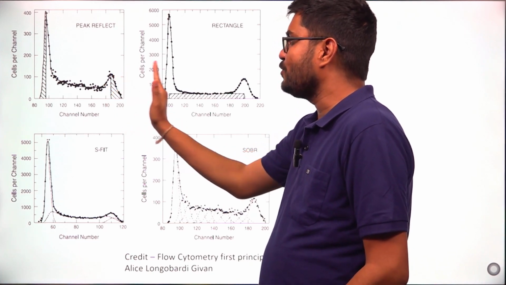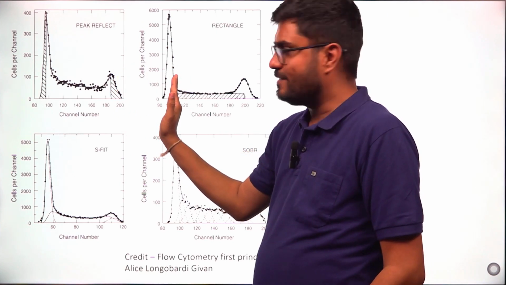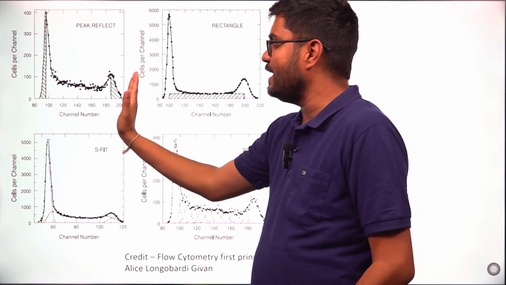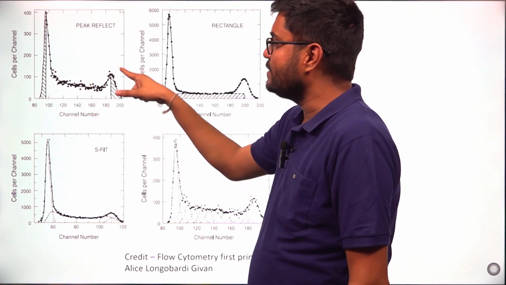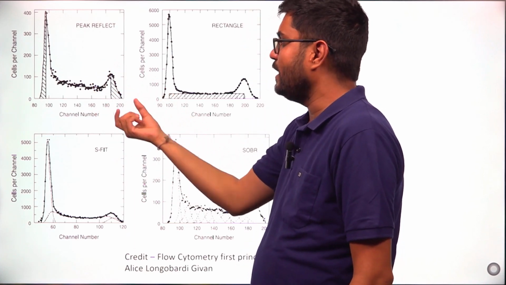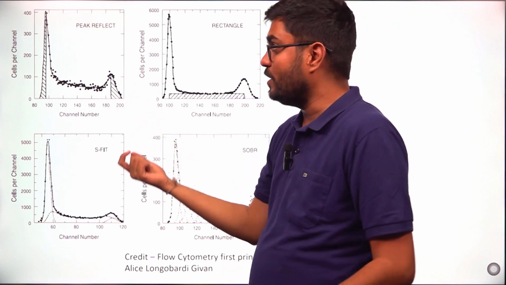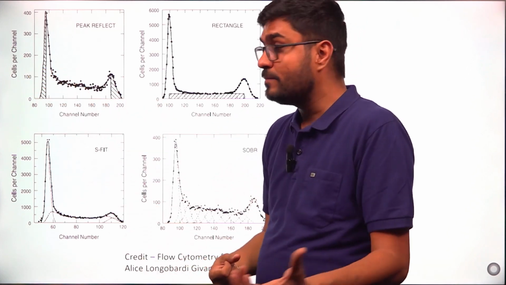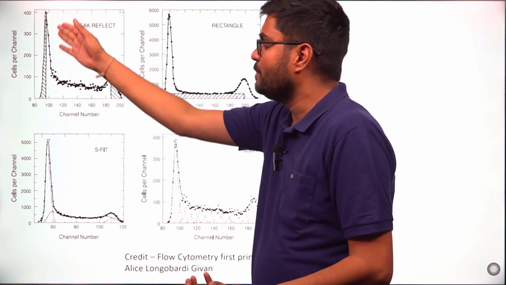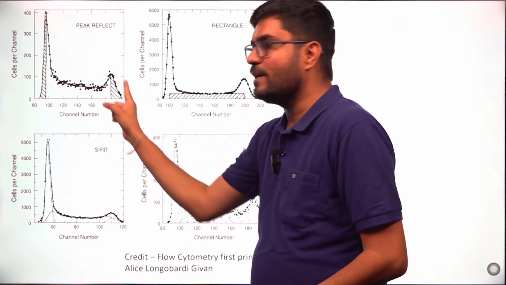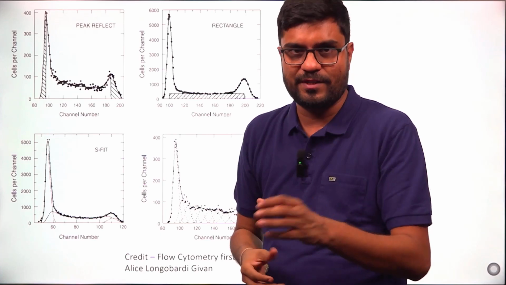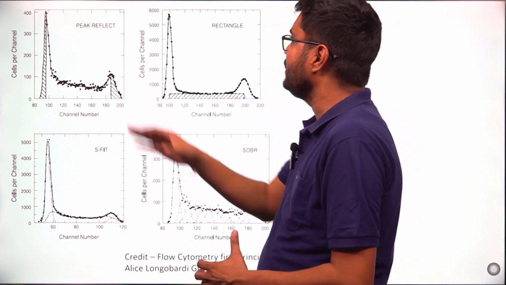Then the area towards the right is calculated, and then it is mirrored, or reflected, towards the left. So that completes the G2 peak, and then the area under the curve is calculated to understand the cells per peak or cells per phase. Then the remainder is automatically calculated as what? S phase. That is called peak reflect.